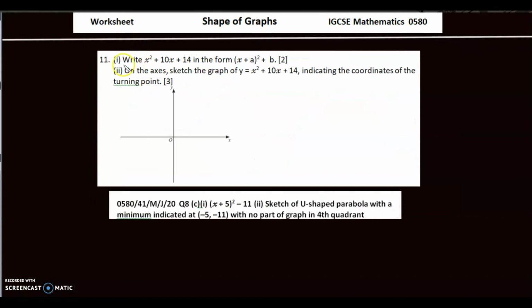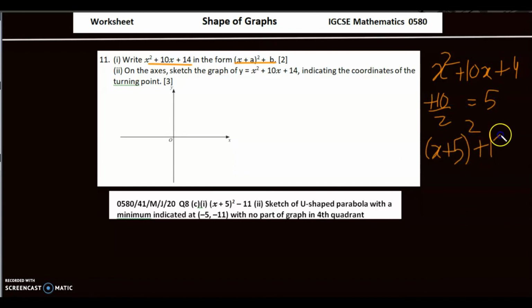Okay. For part 1, write this expression in completed square form. So for that, I have x square plus 10x plus 14. The method is that we divide this coefficient by 2. 10 divided by 2 is 5. So I'll write x plus 5 whole square plus k. Now I'll ignore this and I'll write 5 square plus k. 5 square plus k equals this constant here.